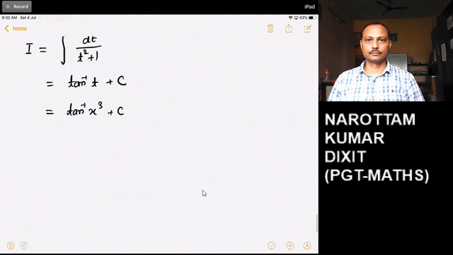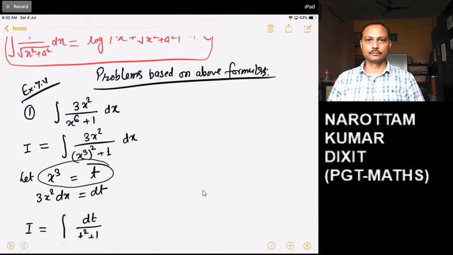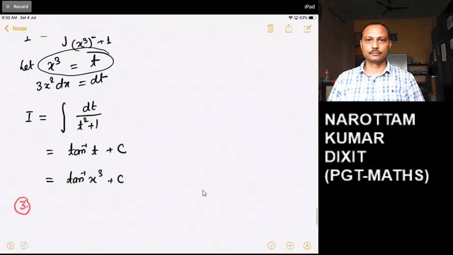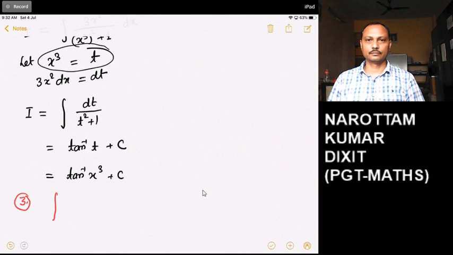Now I have taken question number 3 of the same exercise, 7.4. The third question is: find the integration of 1 upon square root of (2 minus x) whole square plus 1 with respect to x.